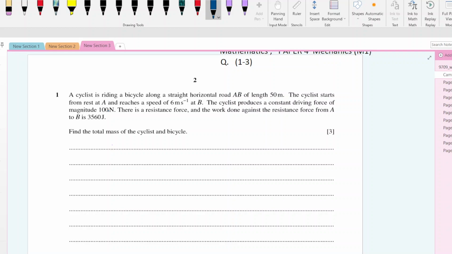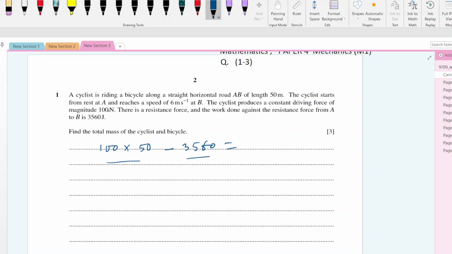Work done by the driving force is 100 into 50, minus the work done by the resistive force, 3560.